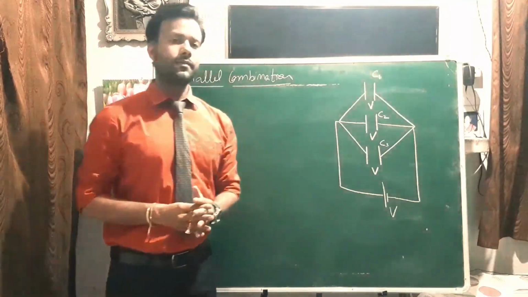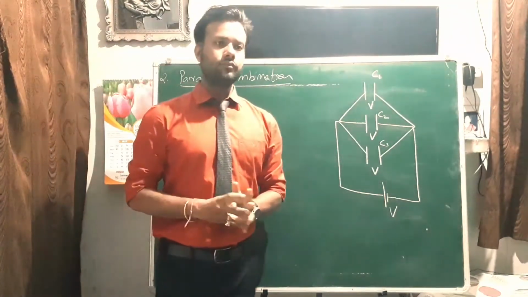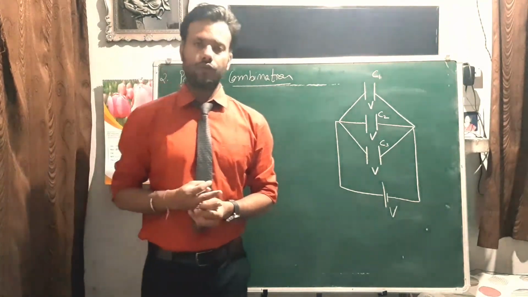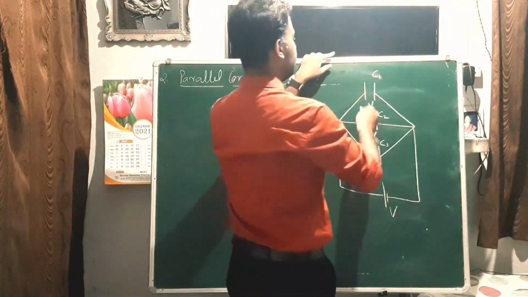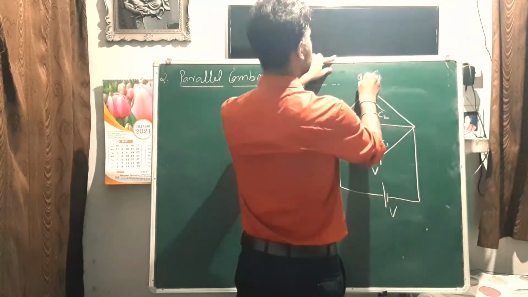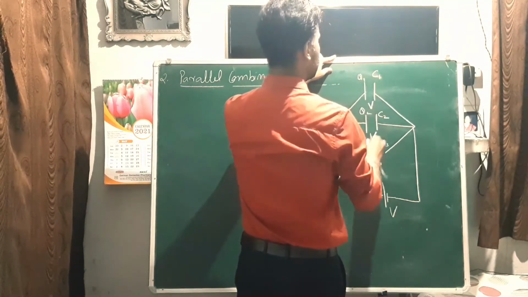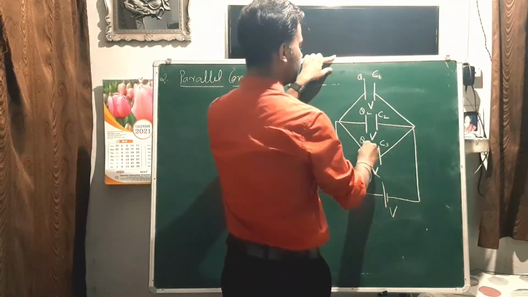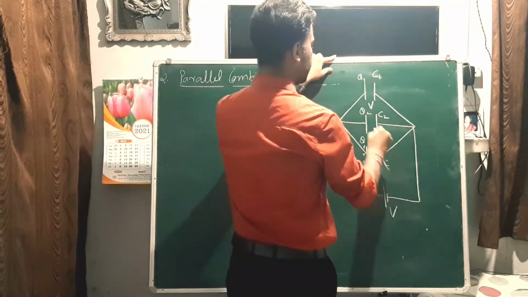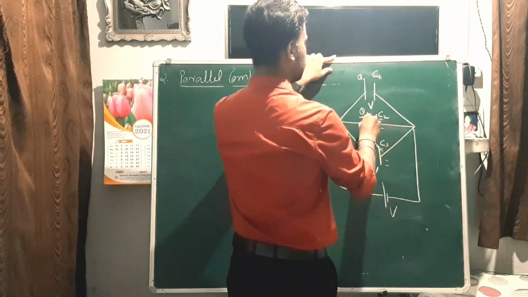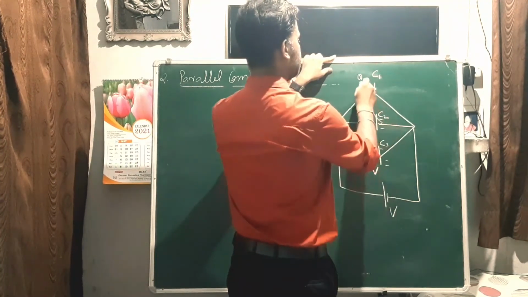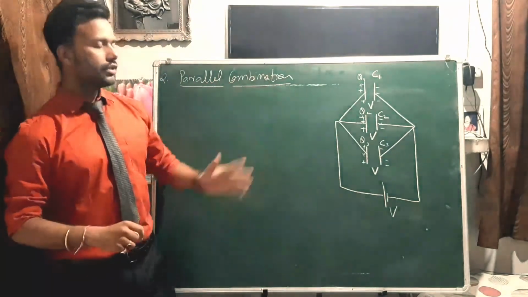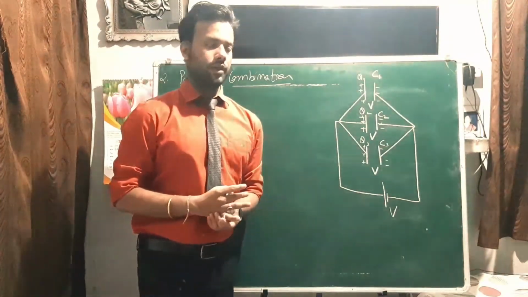But in this case, the charge collected on the plates will be different for different capacitors. So for C1, charge will be, let's say, Q1, for this it is Q2, and for this it is Q3. If this is a positive plate, so this will be the positive plate, like this. So this is the arrangement of parallel combination.